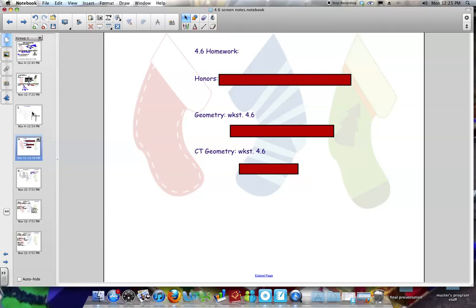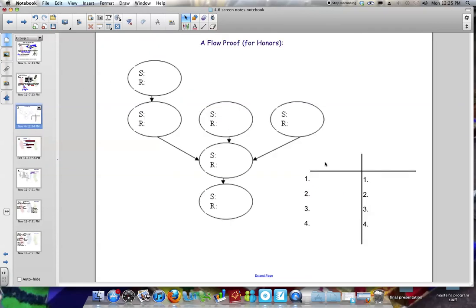If you are in honors, I'm going to show you another kind of proof that you can use instead of the two-column proof in order to prove that two triangles are congruent, and then use CPCTC if you need to.